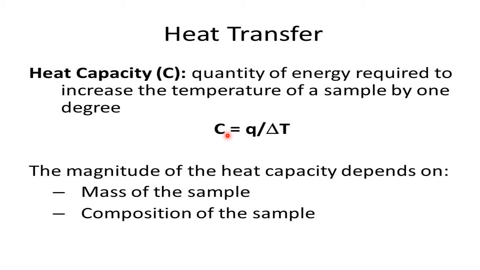Now consider 1 gram iron and 1 gram copper, or 1 gram iron and 1 gram water, or 1 gram iron and 1 gram oxygen gas. So heat capacity not only depends upon the mass of the sample, it also depends upon the composition and the nature of the sample. This is a very important point.